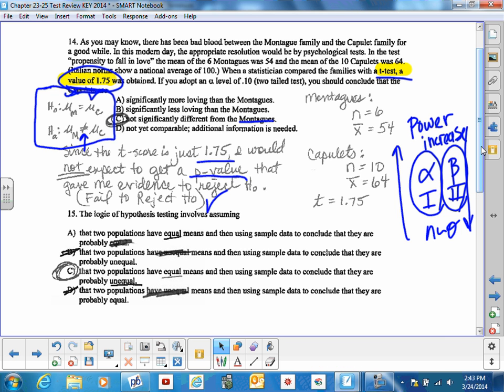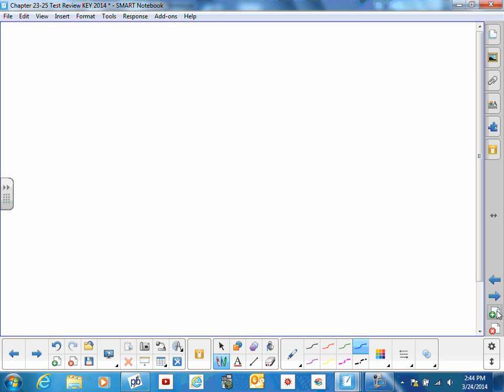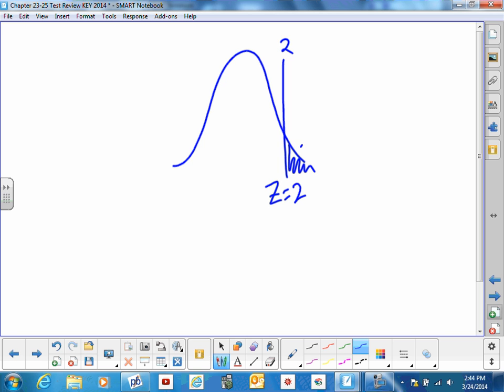Are the parameters of 2 standard deviations on a z-curve the same for a t-curve? This is actually a good thought. Here's the normal curve. If this is a z-score of 2, then I'm going to have 2.5% out here. This is an approximation. But a t-curve is more varied.